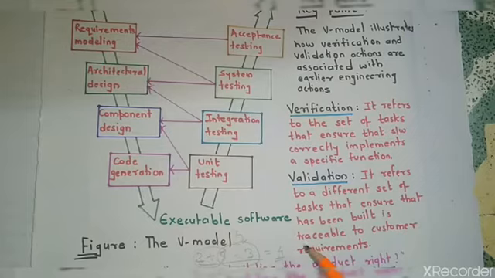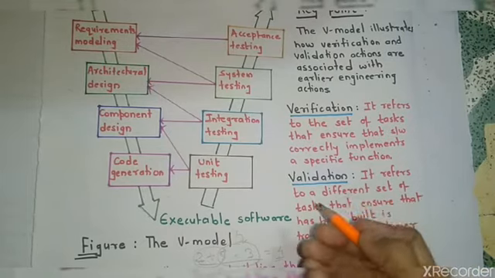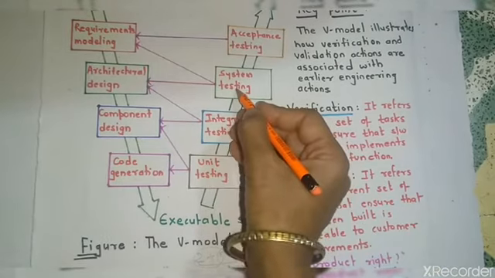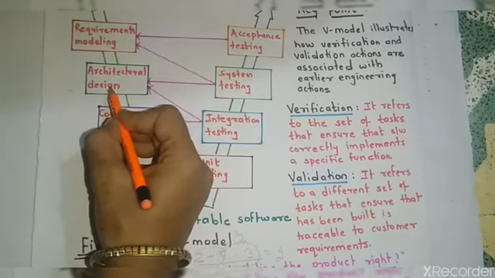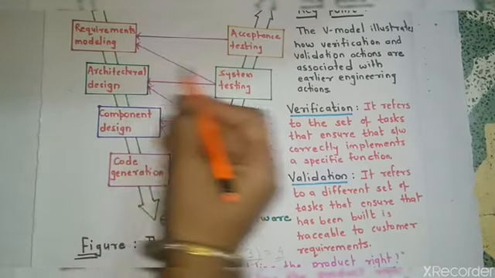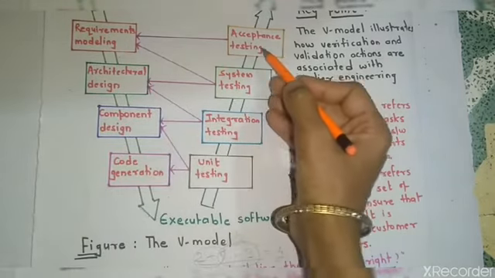It may be performance, it may be some other usability related requirements, so all that comes here. So in system testing, taking the base as this design document, we are going to validate the system.